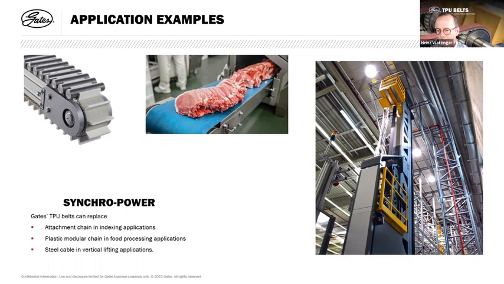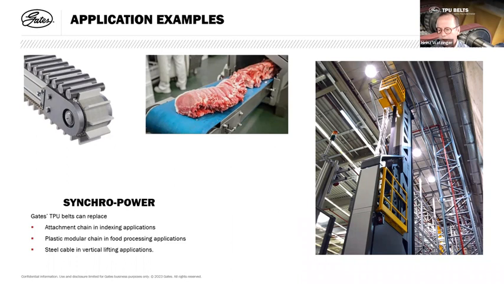It can replace plastic modular chain in food processing applications, as David already mentioned. Minus 42% less surface to clean compared to a plastic modular chain, 35% less cleaning water and over 50% less cleaning labor. That is saving cost and protecting the environment.